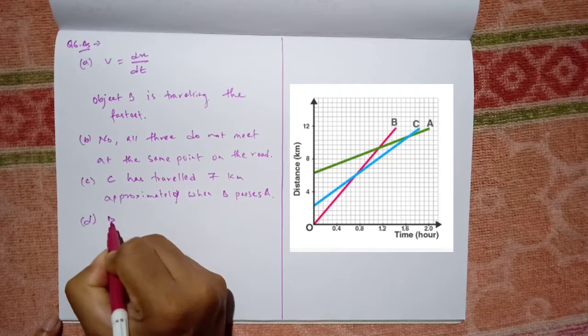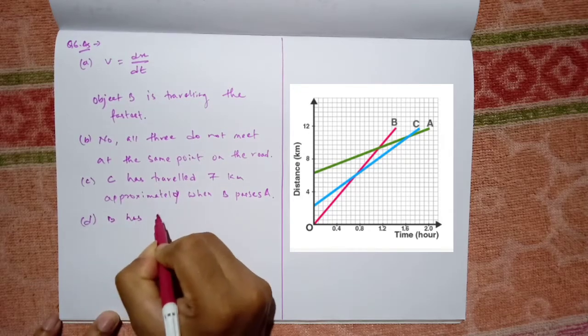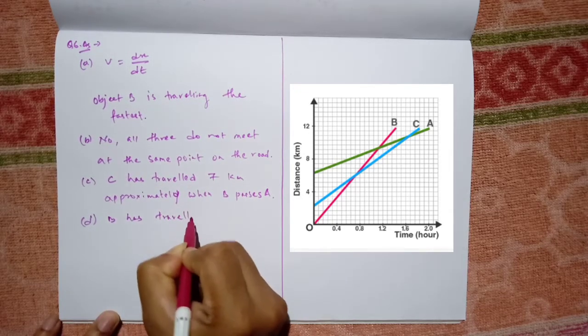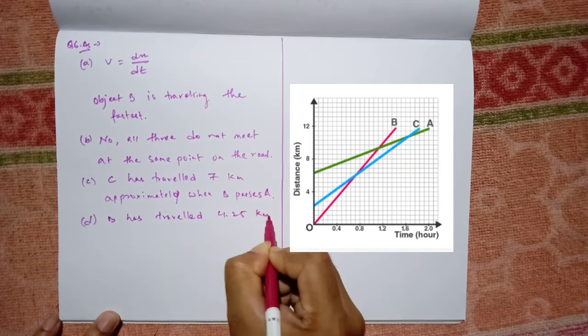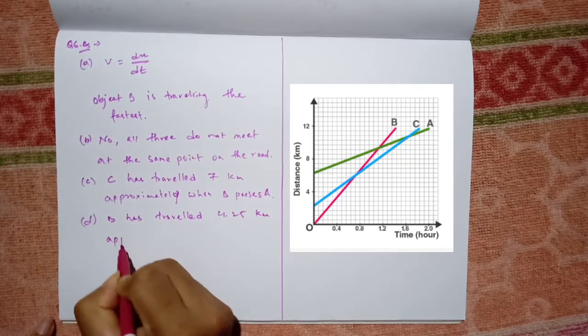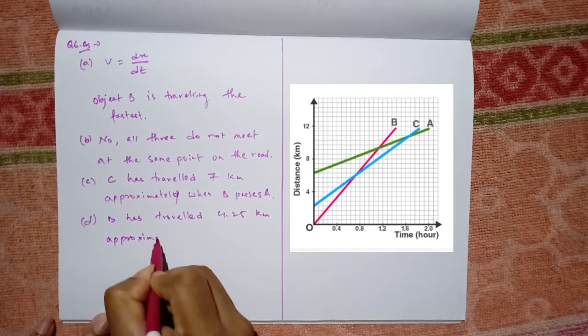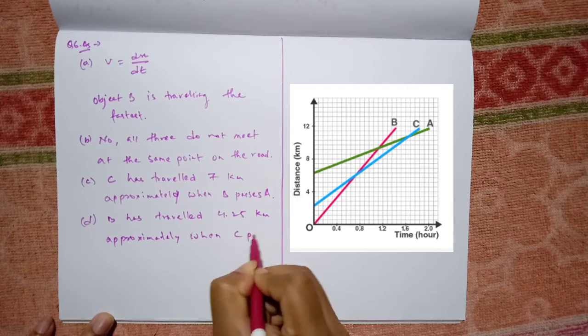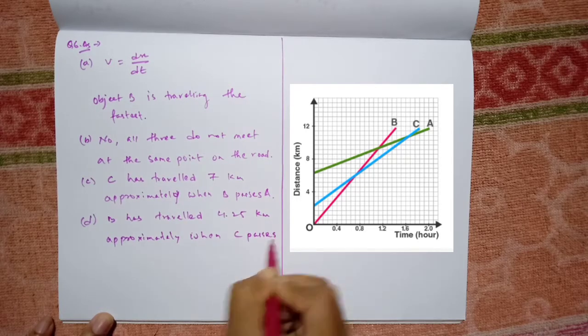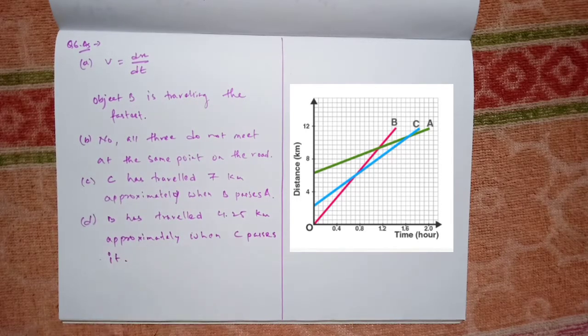So the answer will be B has traveled 4.25 kilometer approximately when C passes it. Okay, these are the four answers of the four questions of the question number 6.